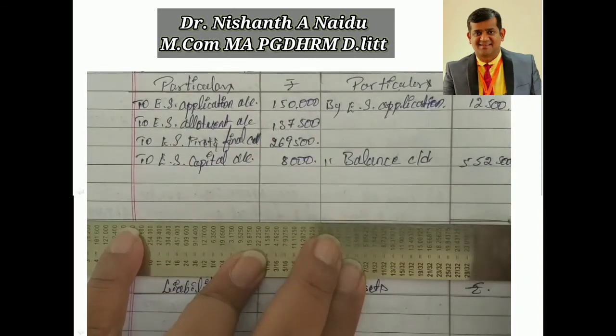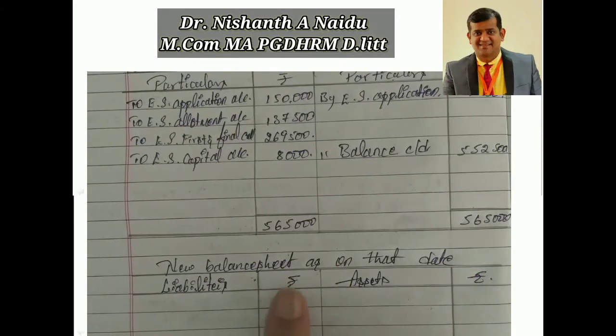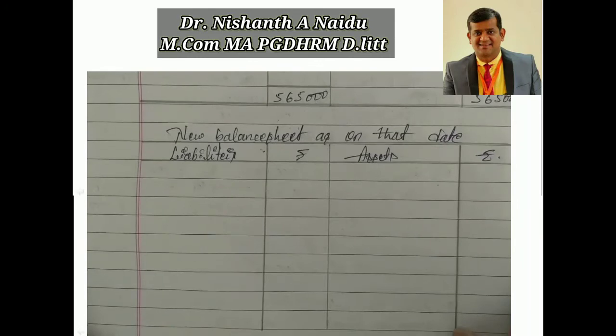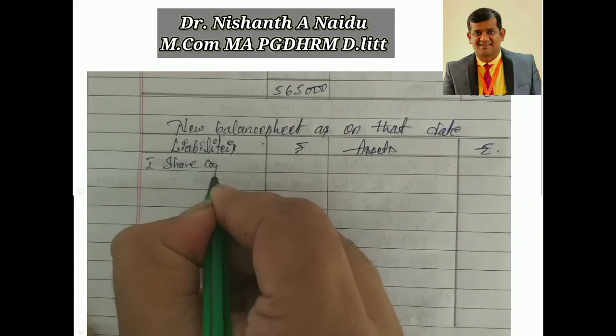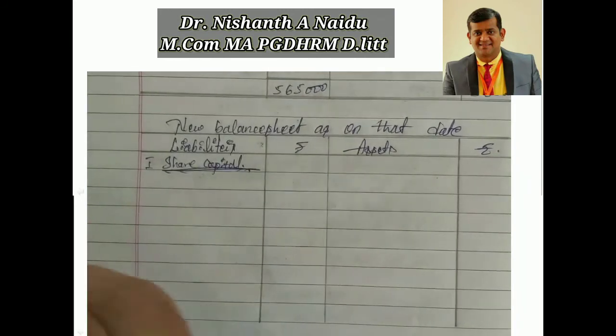So now open the balance sheet. The balance sheet as on that date, liabilities rupees, assets rupees. Under liability side, first item, share capital. Okay, since authorized everything is here, problem is over subscription.